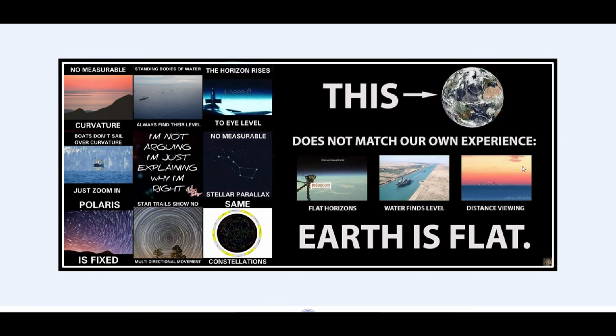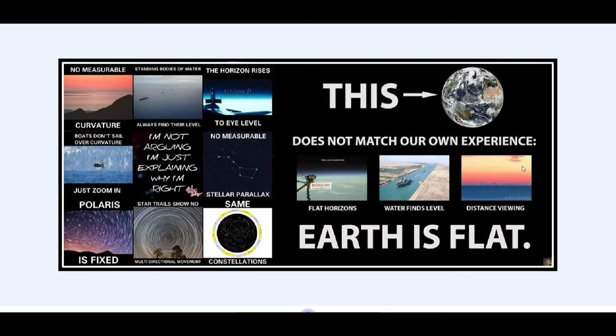Now, the spinning ball Earth with curved water and CGI computer graphics does not match our own experience, which is flat horizons, water finds level, and distance viewing. Earth is flat. No measurable curvature in the real world. Standing bodies of water always find their level. Water always finds its level.